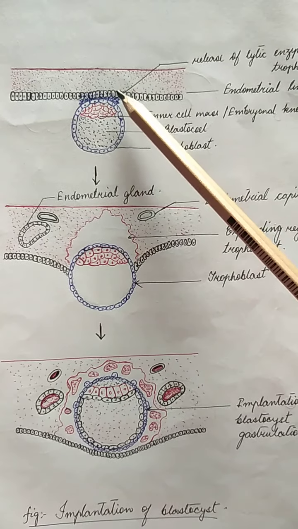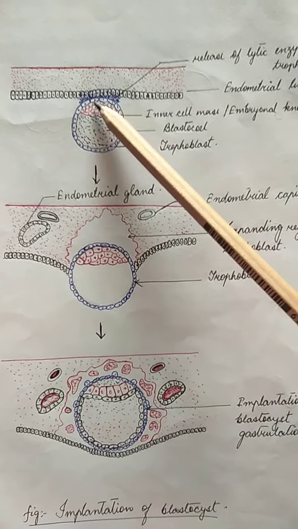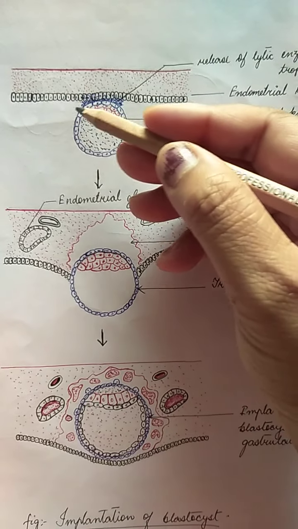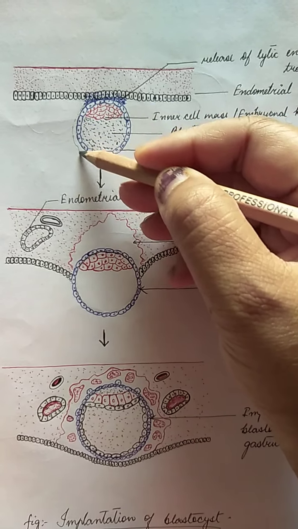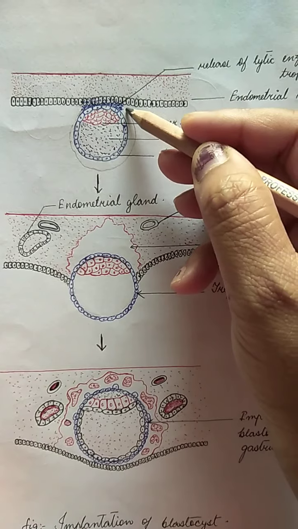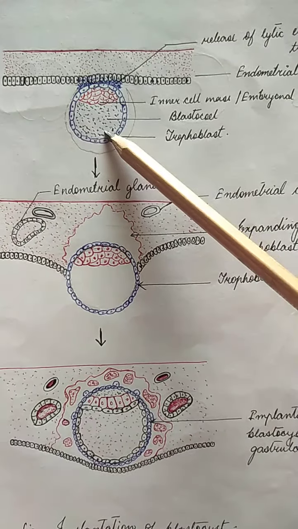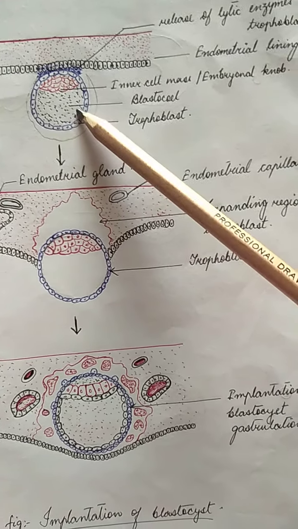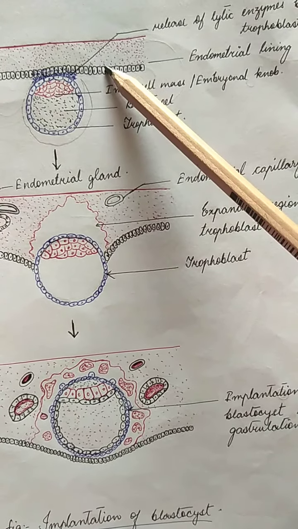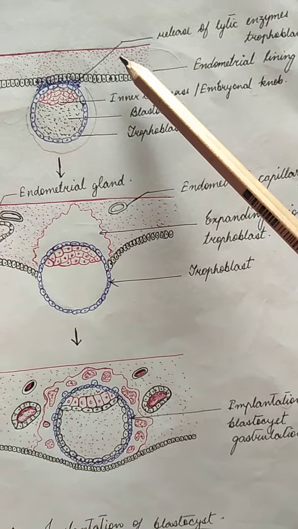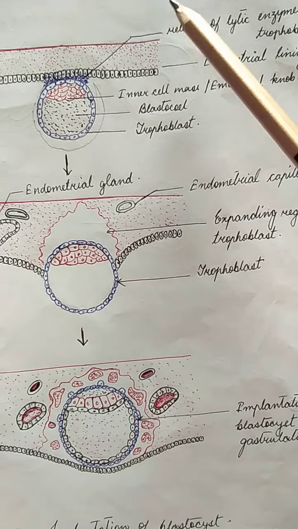The zona pellucida, which surrounds the blastocyst, guides the attachment of the blastocyst to a proper site of the endometrial lining where implantation can take place.